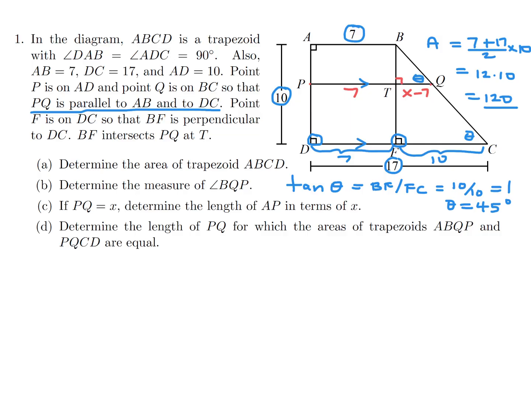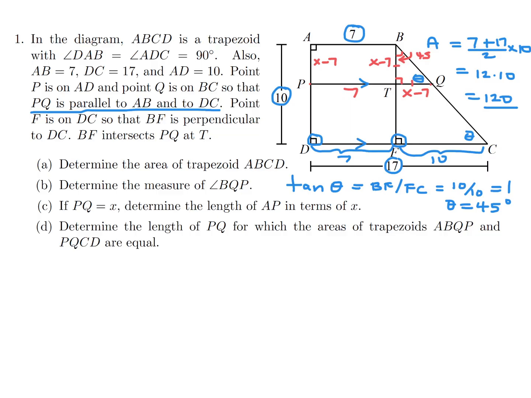So theta is 45, so this is 45 also. That angle in there, 45 degrees. So that means that these two are the same. So that means BT is x minus 7. So determine the length of AP. Well, it's x minus 7 because AP is the same as BT. I think that's all we can do there.